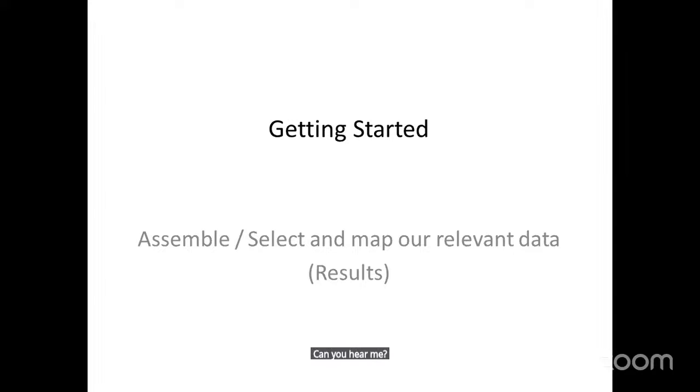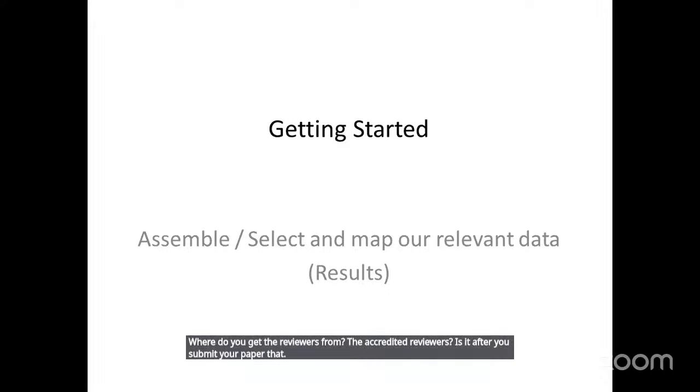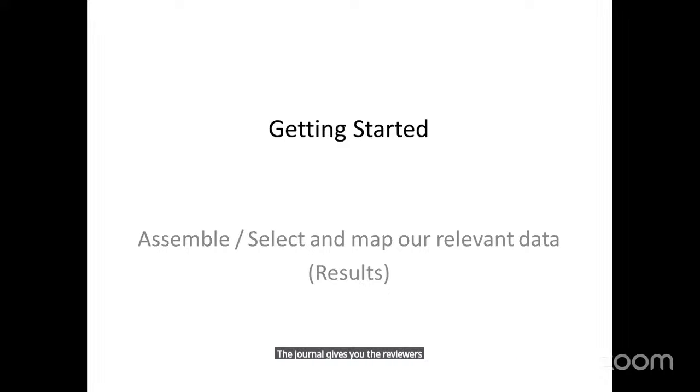Yes. My question is, after you have had your article, where do you get the reviewers from? The accredited reviewers? Is it after you submit your paper that the journal gives you the reviewers to go through your paper, or you have to get them yourselves from trusted reviewers, probably someone you may know?